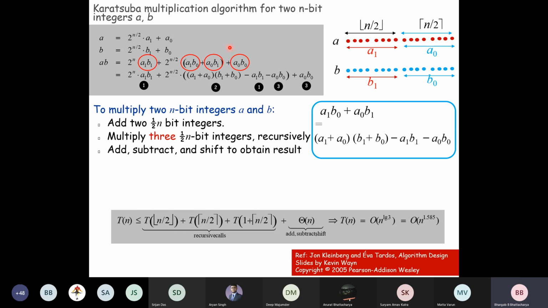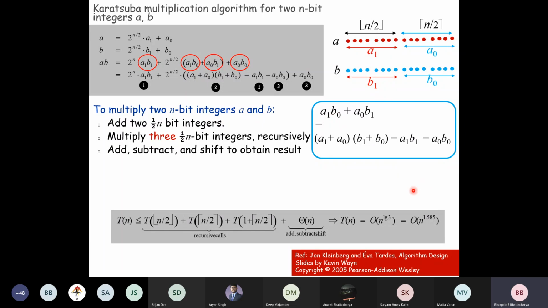So that means just by simply doing divide and conquer would not have solved this problem. The complexity has been reduced because of divide and conquer, and because of this trick of reducing the number of distinct product terms from 4 to 3.